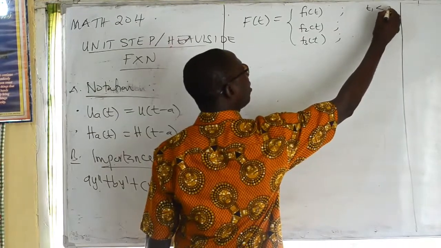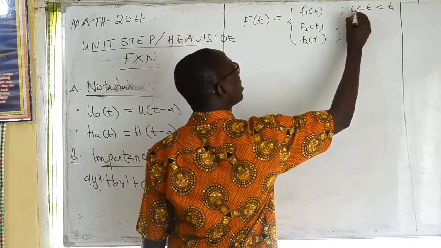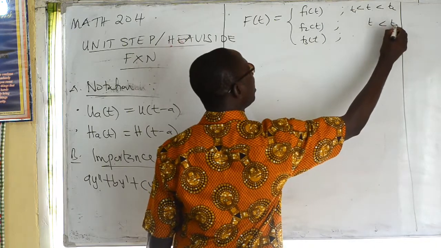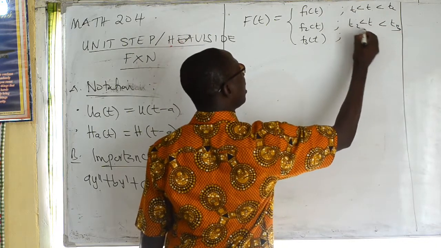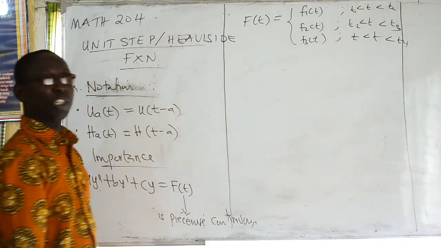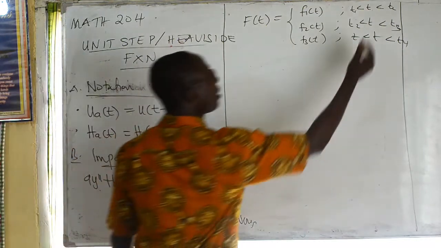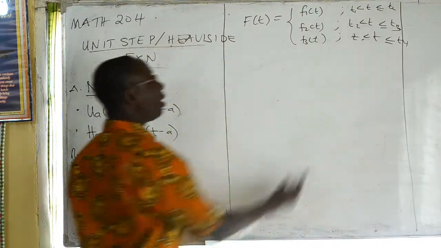Let's say t ranges between this, another t ranges between this, and another t ranges between that. This is how a piecewise continuous function sometimes may look.